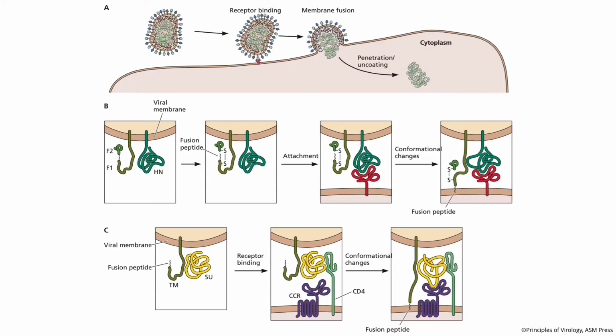If you look at the middle versus the right panel, you see the binding of SU to CCR makes the fusion peptide expose, it inserts into the cell membrane, and that catalyzes fusion. So we have just two examples. It's really a similar process. It's receptor-dependent exposure of the fusion peptide, except with one virus we just need one receptor interaction. With HIV we need two.